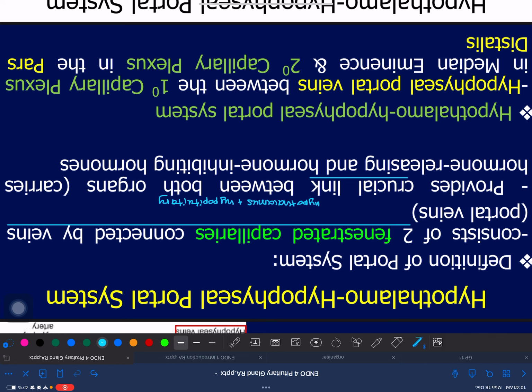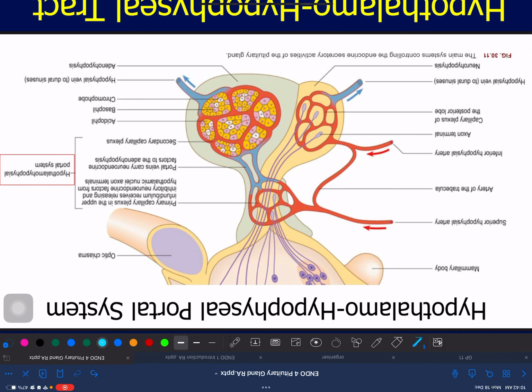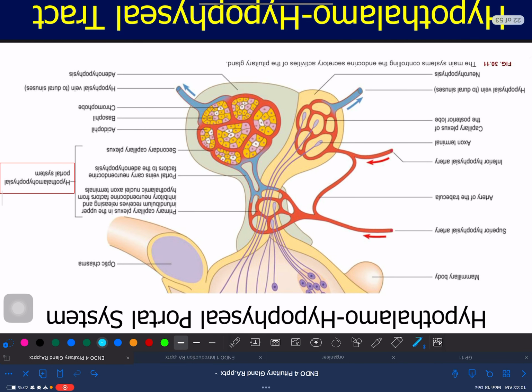Here is an example. This is the portal vein connecting the primary capillary plexus and secondary capillary plexus. So it forms the portal system, very special for the anterior pituitary. The primary capillary plexus in the upper infundibulum receives releasing and inhibitory neuroendocrine factors from hypothalamic nuclei.